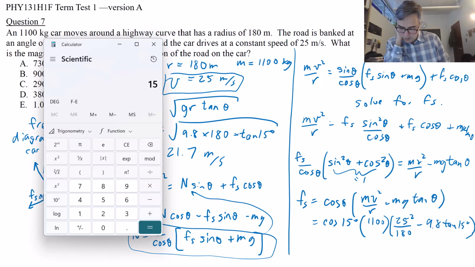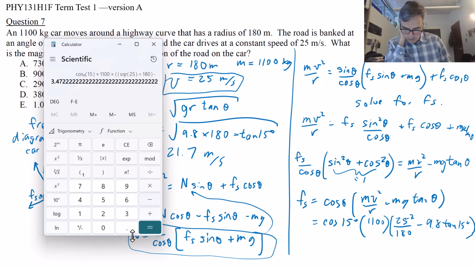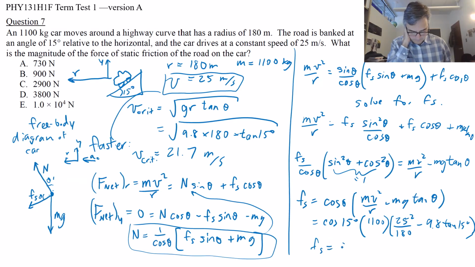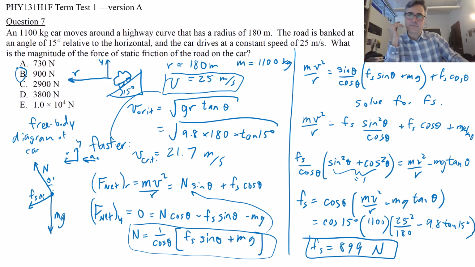Let's do 15 cos times 1100 times, open parentheses, 25 squared divided by 180, minus 9.8 times 15 tan, in parentheses, equals 899. 899 newtons to keep it on the road, that is closest to B.